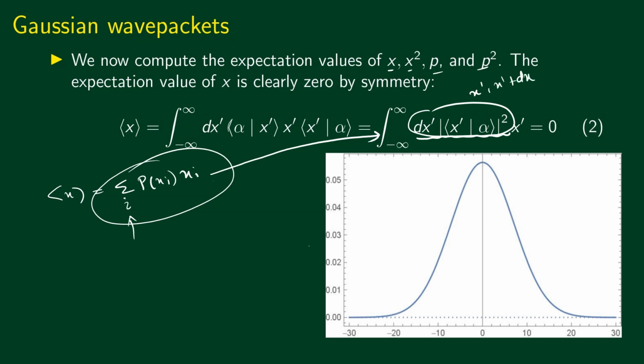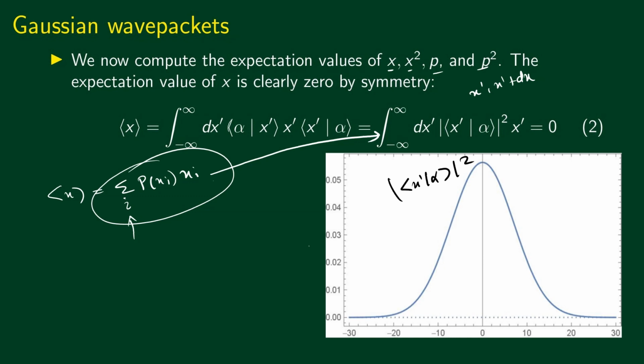Now if we look at the probability plot, you see that it's symmetric about 0. Here we have plotted the modulus squared of bra x prime ket alpha. This is called the probability density, as we already have seen.